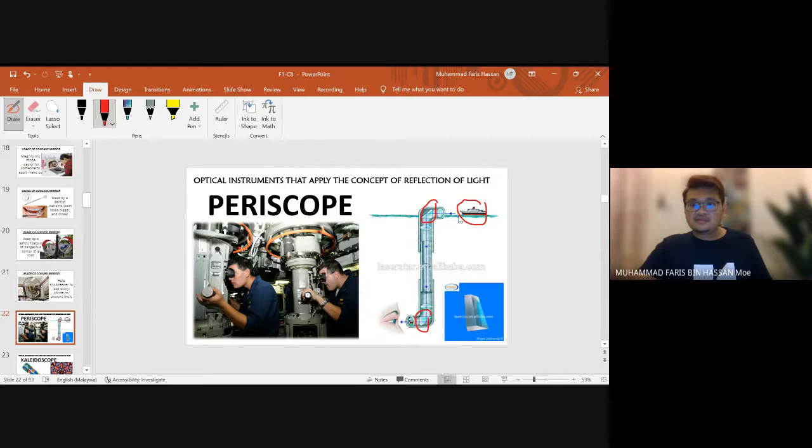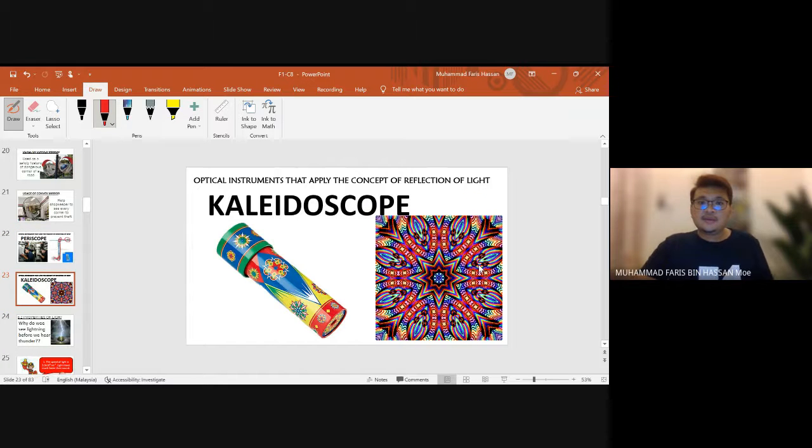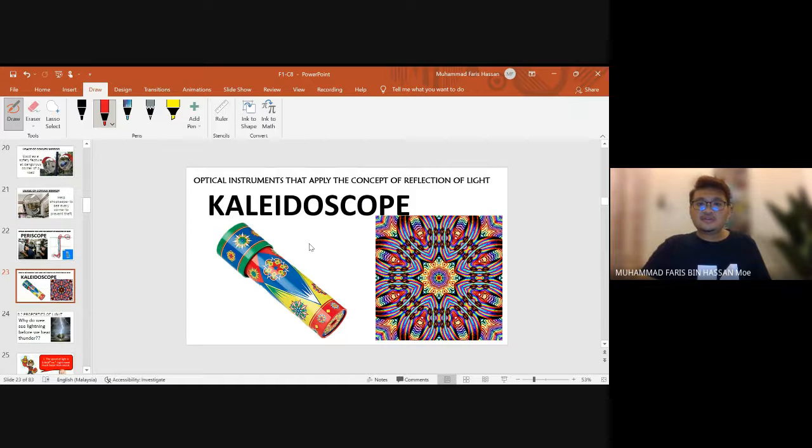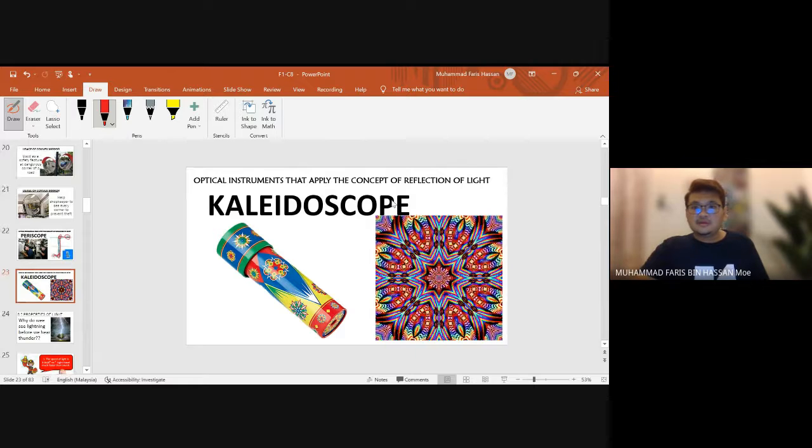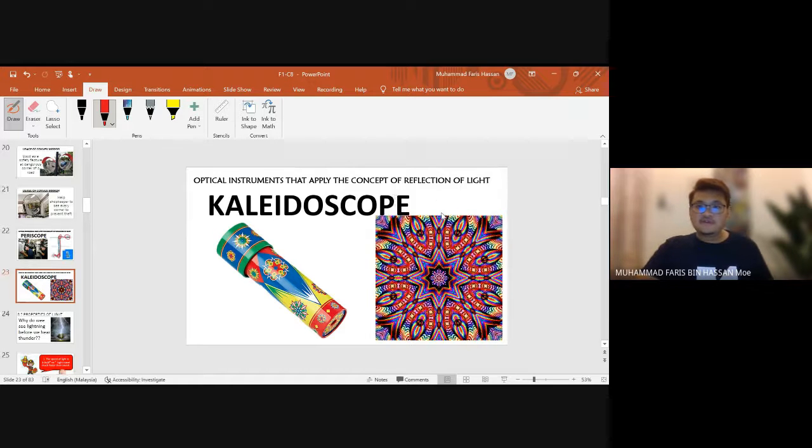The light from the object will reflect to the second plane mirror, and then it will reflect to our eyes, so we can see that object. And this is a kaleidoscope, which also uses the concept of reflection of light.